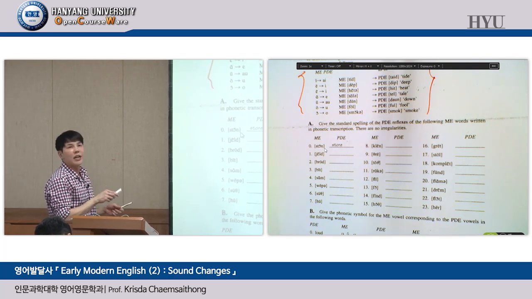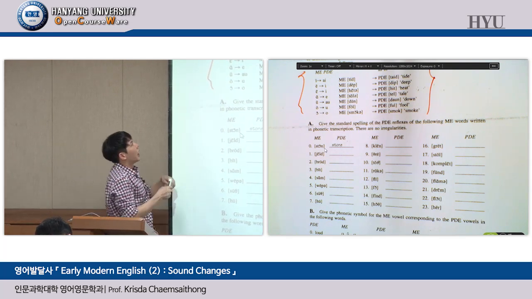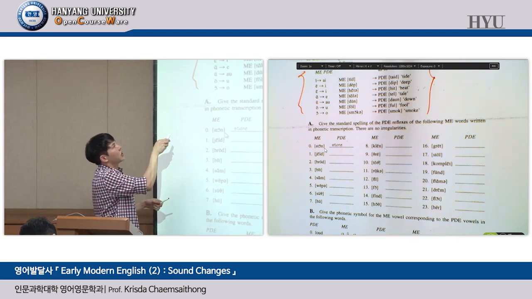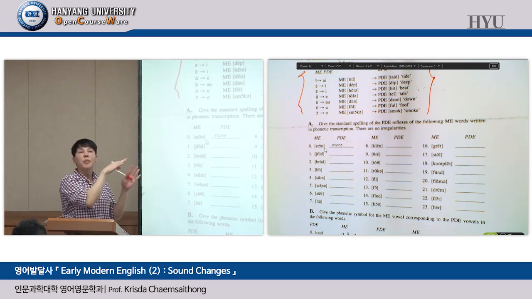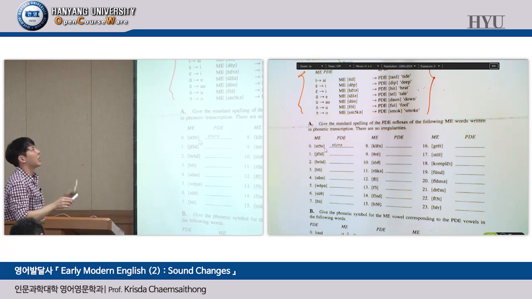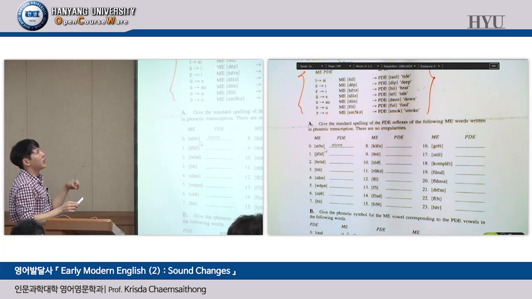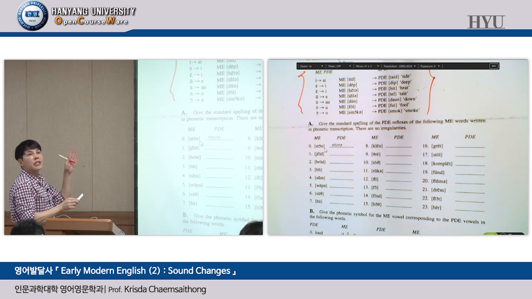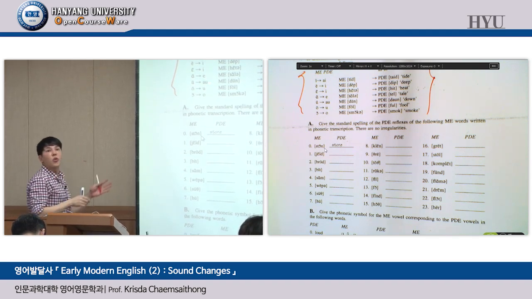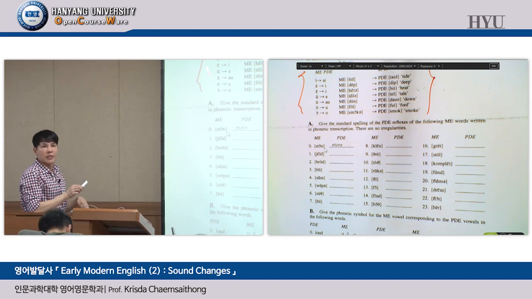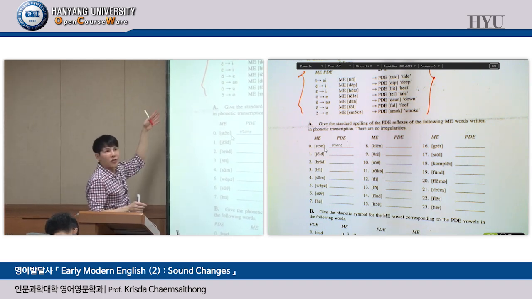So E, for example, changed to I. This is the final step, not midway, but the final step of everything. E to I, A to E also. That's the final step. R to A, U to OW, and so on. As a reminder for you.